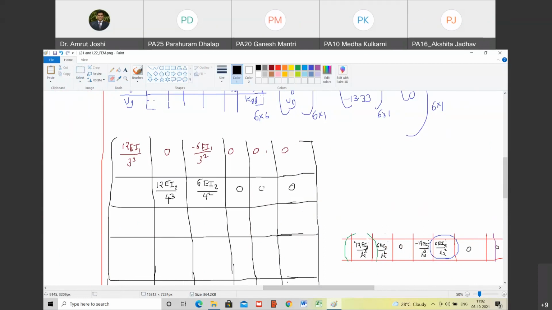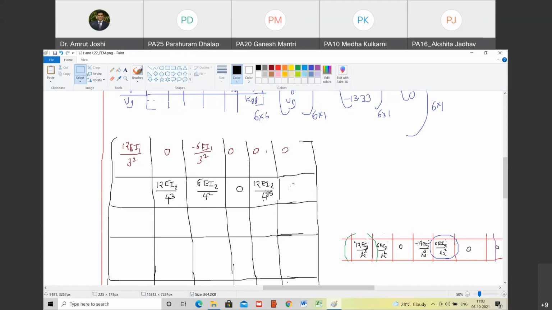So this is not correct. This is not correct. So 12 EI2 upon L2 cube, 4 cube. But this is negative.